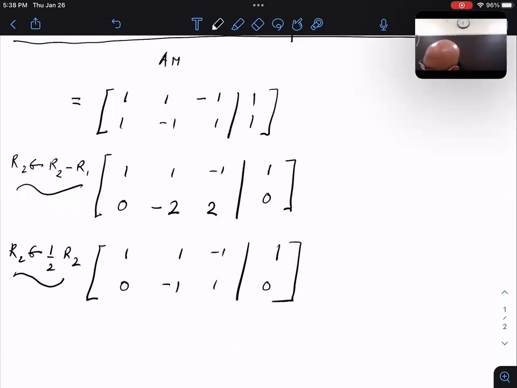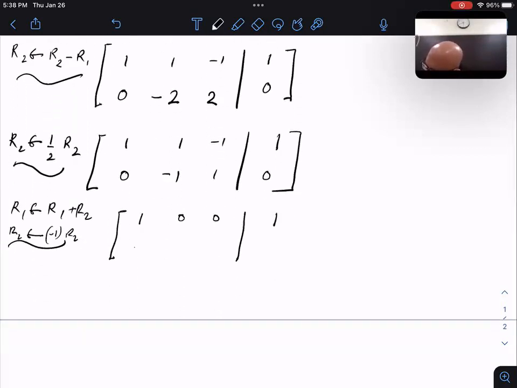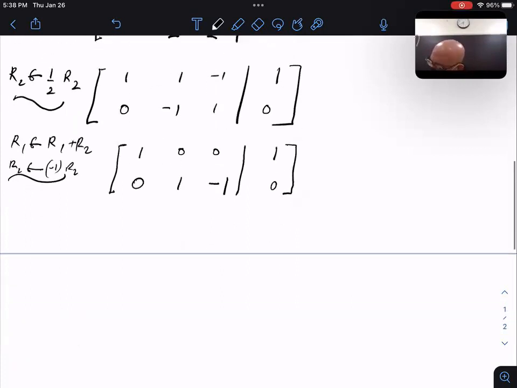So now I have to kill this one. So row 1 replaced with row 1 plus row 2. And row 2 replaced with minus 1 times row 2. So this gives me 1, 0, 0, 1, and 0, 0, 1, minus 1, 0. So this is very simple.